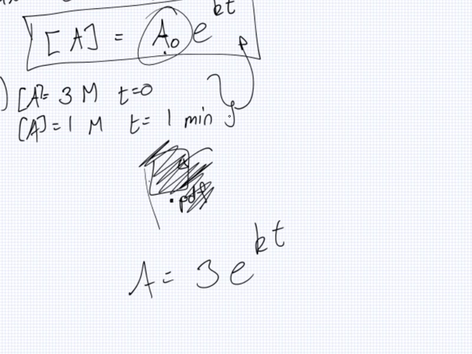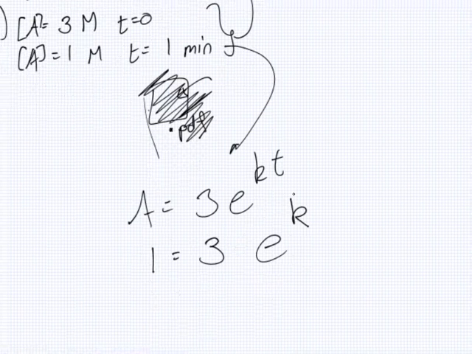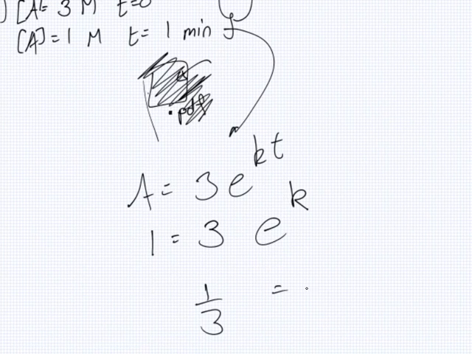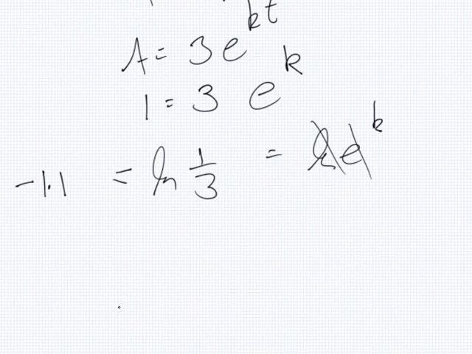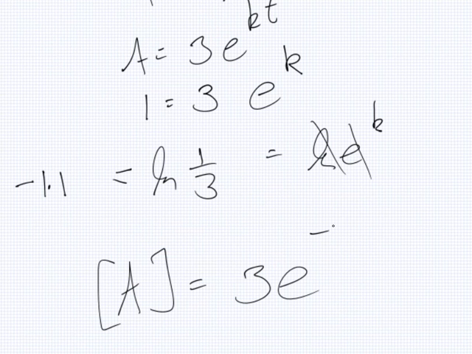So now we put this piece in, and we get 1 equals 3e^K. So then 1 over 3 equals e^K. So then log 1 over 3 equals K. It should be minus, yeah? 1.1. Okay. So then we have A concentration equals 3e^(-1.1t).